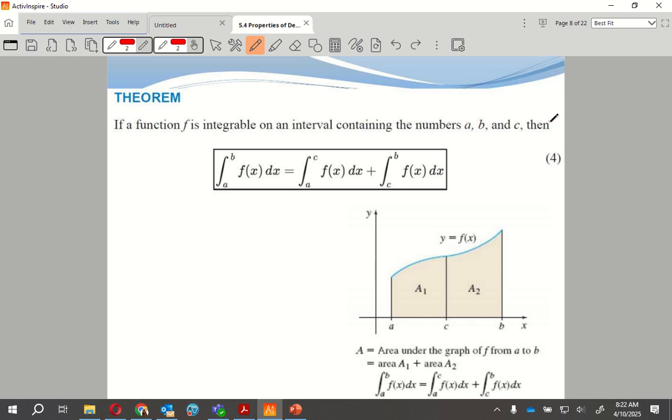Anyway, all right. The function is integratable on an interval containing the numbers a, b, and c, which is basically your x values. Then the integration of the whole thing could be broken up into parts, and quite often we're going to actually have to use this.